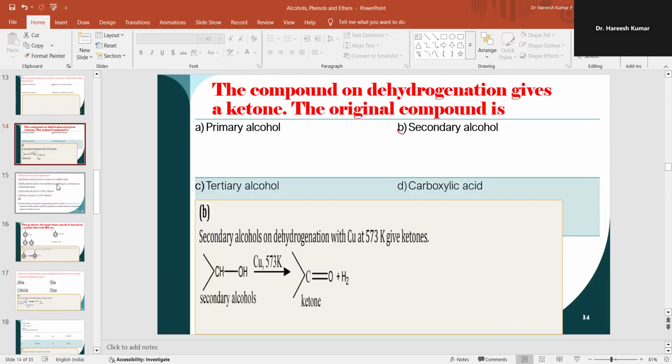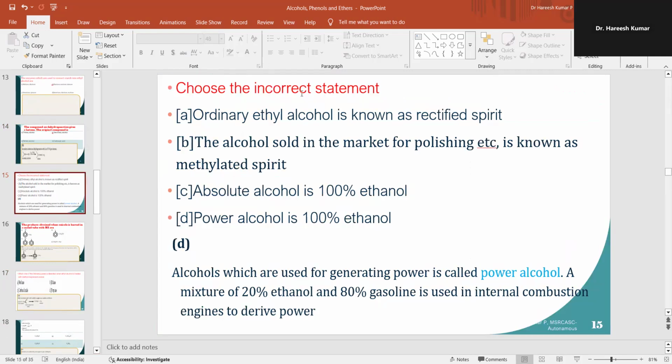Let's take one more question. Choose the correct statement. Ordinary ethyl alcohol is also known as rectified spirit. It is true. The alcohol sold in the market for polishing etc. is known as methylated spirit. Correct. Absolute alcohol is 100% alcohol. Correct.